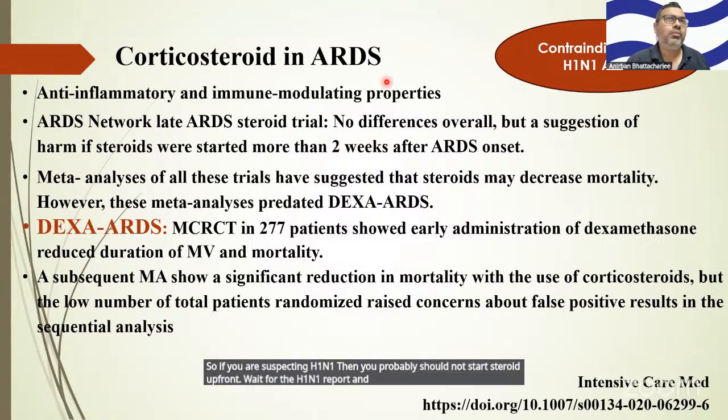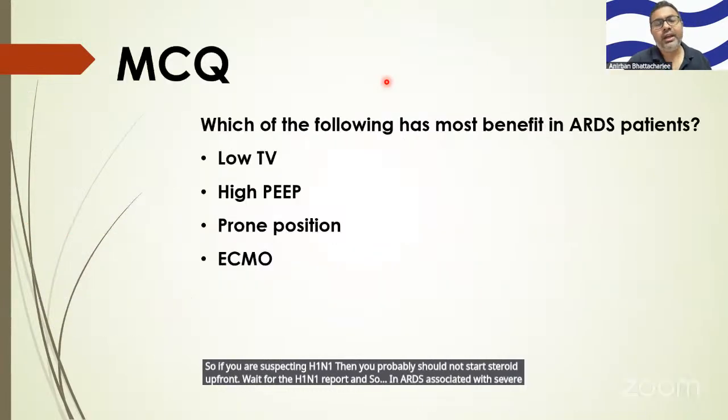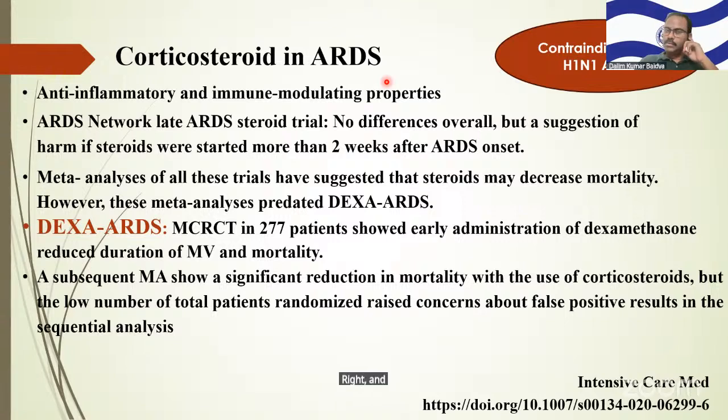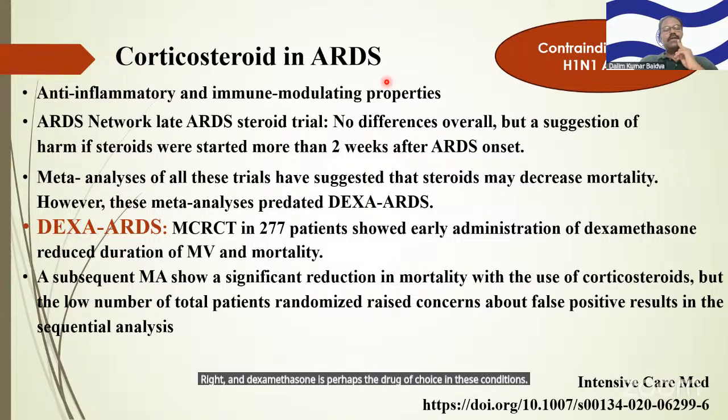In ARDS associated with severe community-acquired pneumonia, and in ARDS associated with severe COVID-19, we can go on and start corticosteroid. Dexamethasone is perhaps the drug of choice in these conditions, as we have used in COVID-19.